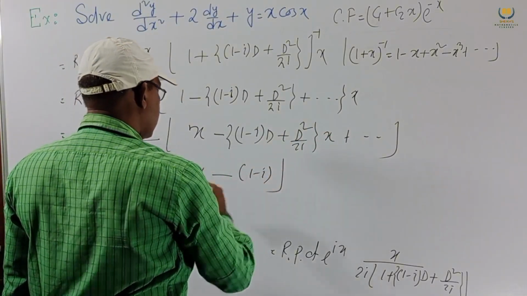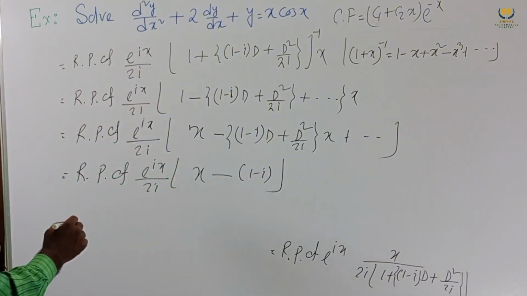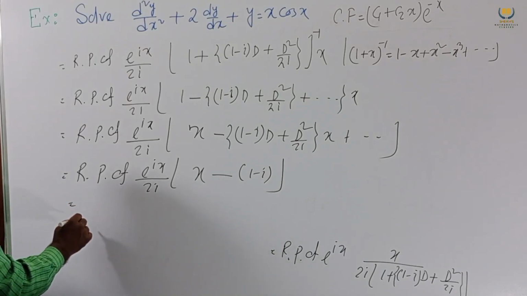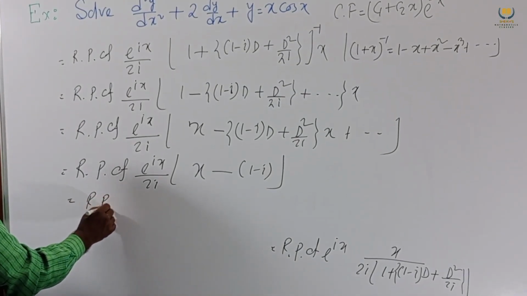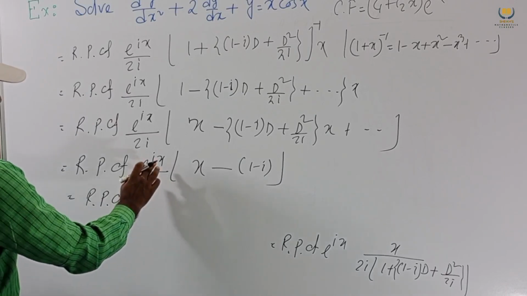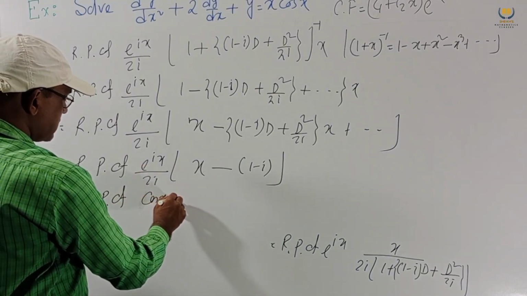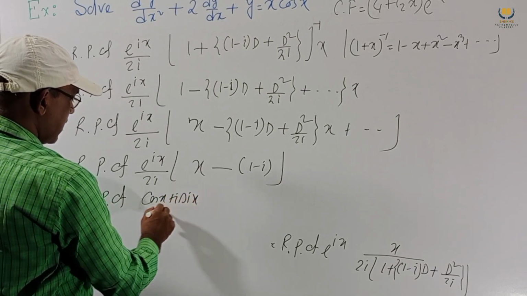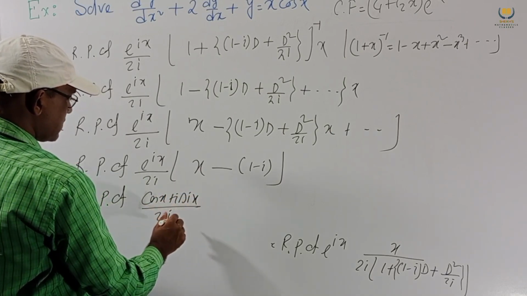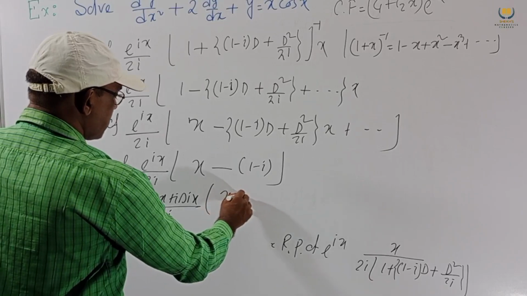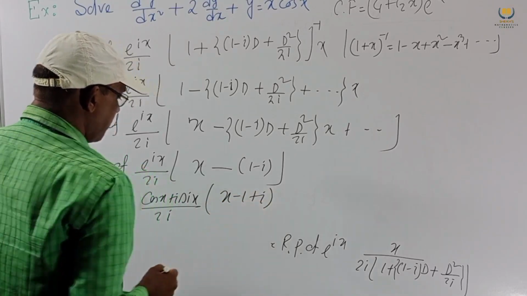And real part of e to the power ix means (cos x plus i sin x) by 2i, and this is (x minus 1 plus i).